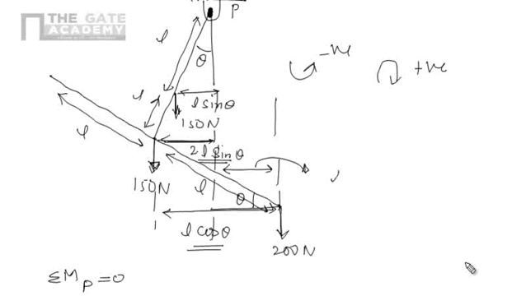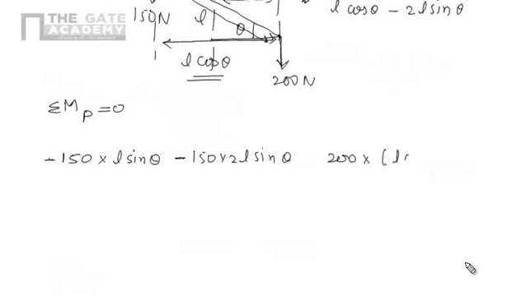This is nothing but L cos theta minus 2L sin theta. It is in clockwise direction, so it is positive, and the sum equals 0. I believe it is now very clear to you because I drew a big picture here, and with the help of this it is very clear.